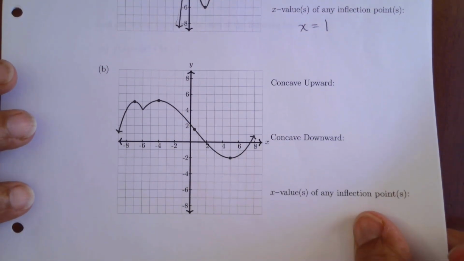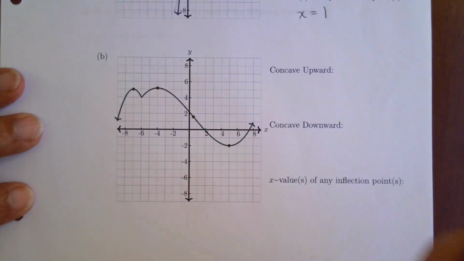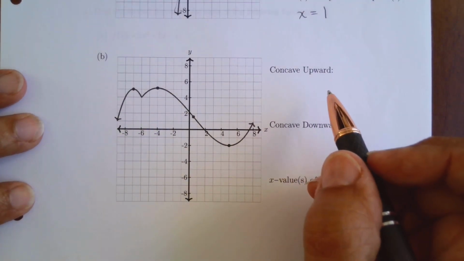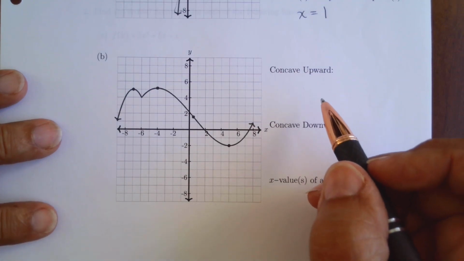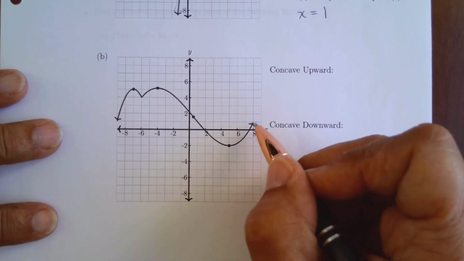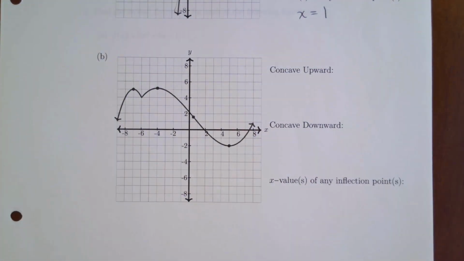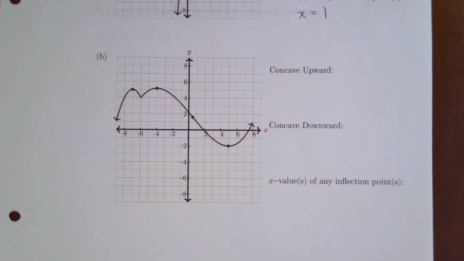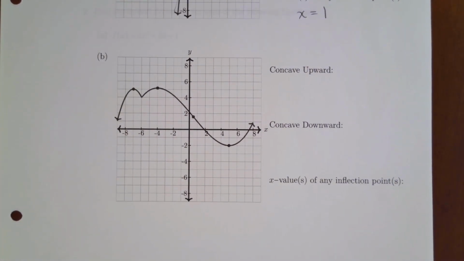All right, part B. Let's look at concave up. So concave up is anywhere the tangent line is below the graph.